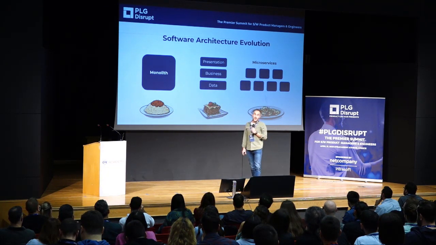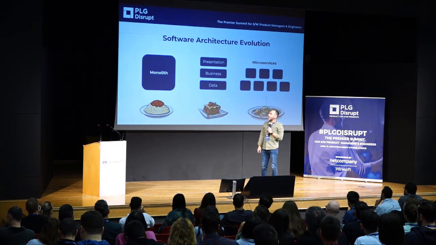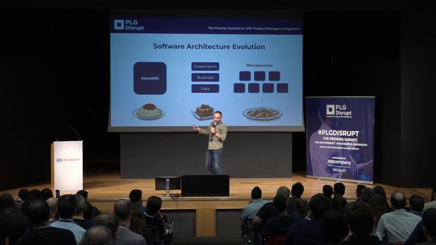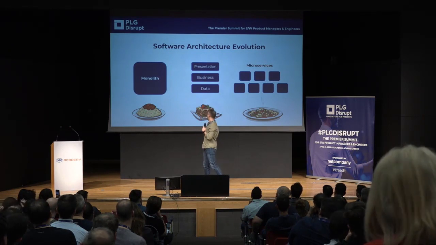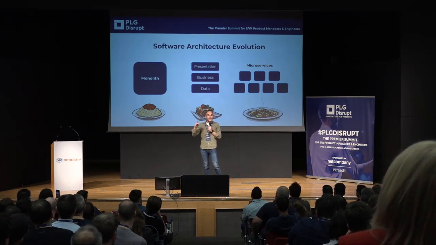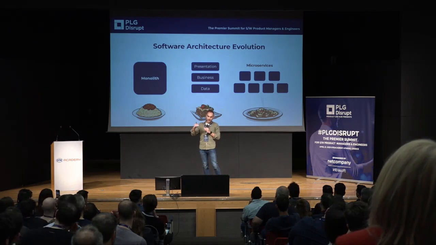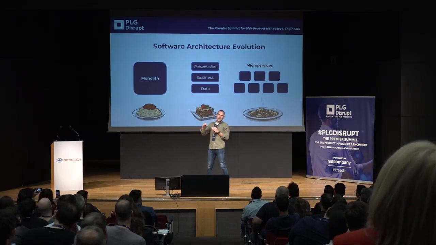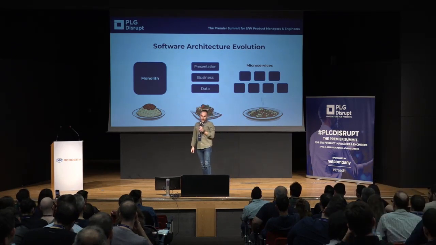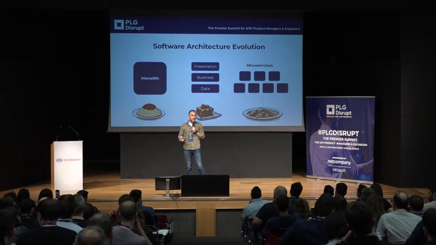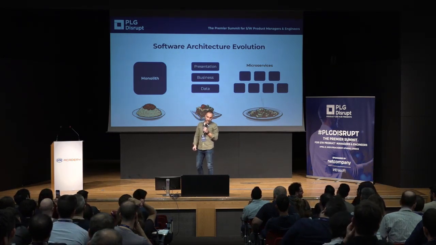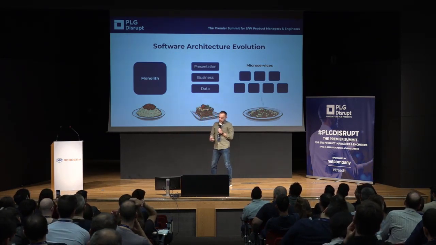Starting from the spaghetti architecture, where everything is pretty much mixed together, making it difficult to separate the components, to the lasagna, where we have distinct components and layers, however, they're still coupled and interconnected, to the ravioli architecture, where each component is self-contained and independent, allowing easier maintenance and scaling.